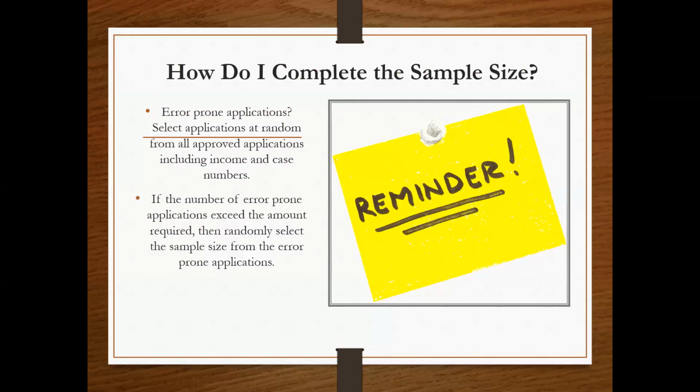So if you go back to our second example of standard, we only had 3 error-prone applications, so we had to select 2 more randomly. That's what we mean by completing the sample size. In other situations, the number of error-prone applications may exceed the required sample size, and when this happens, the SFA must randomly select the required number of applications from all error-prone applications.